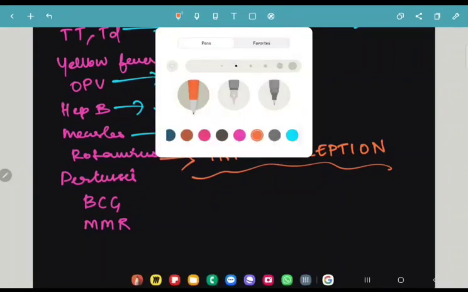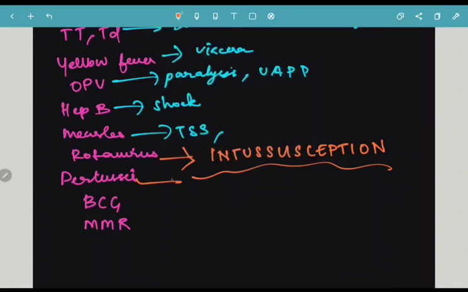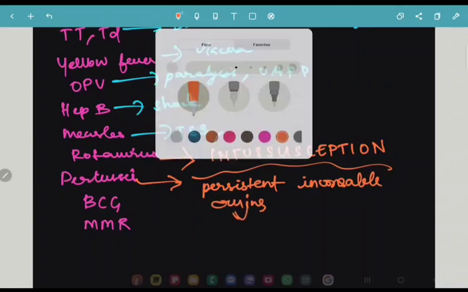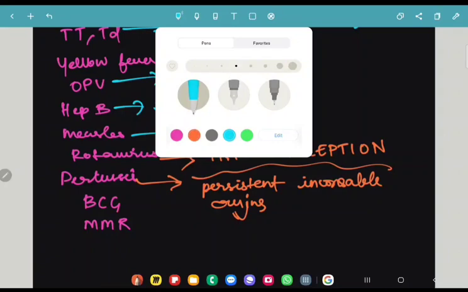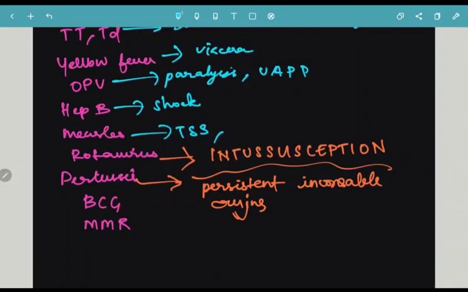This is also generally asked. Pertussis or DPT vaccine will cause persistent inconsolable crying, hypotensive hyporesponsive episode, and fever. So for DPT and pertussis, these are the important complications.